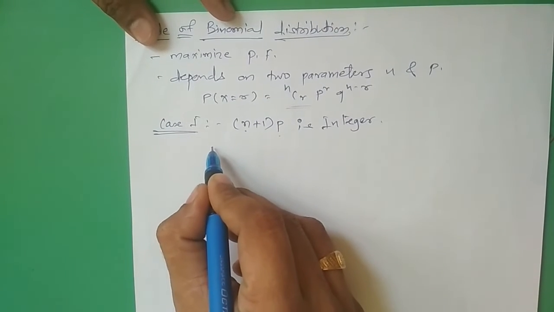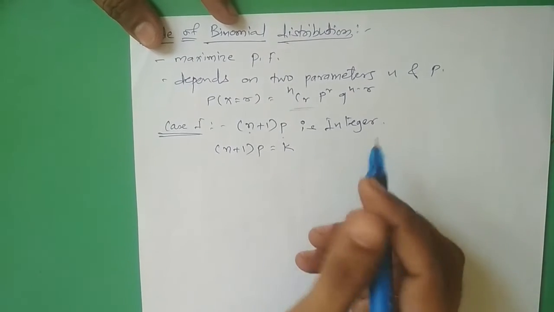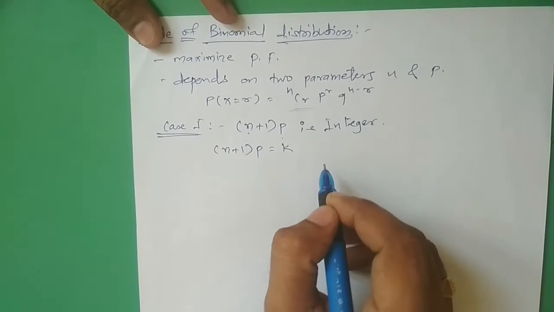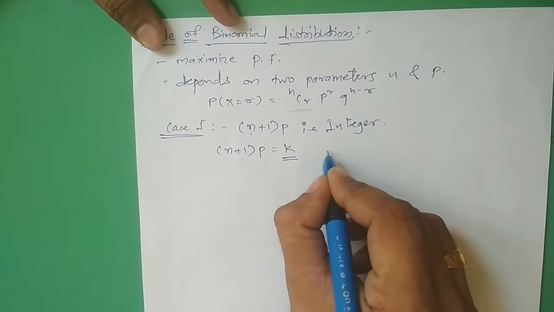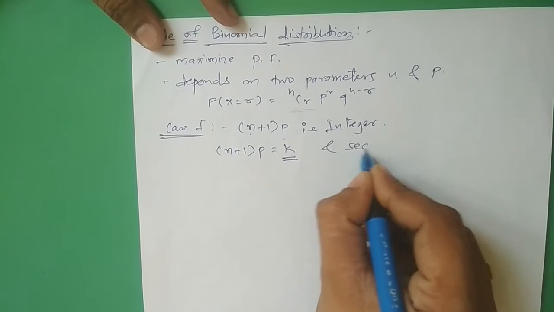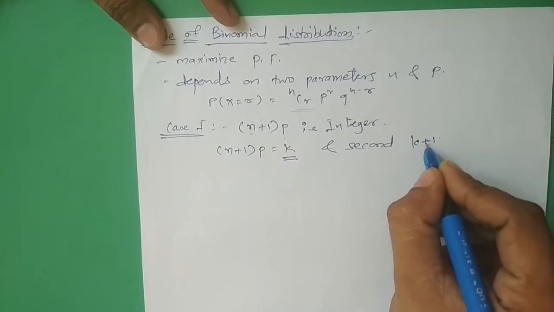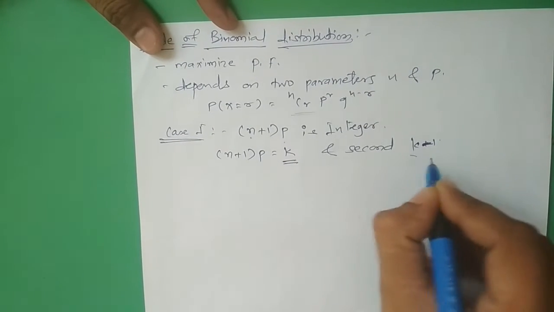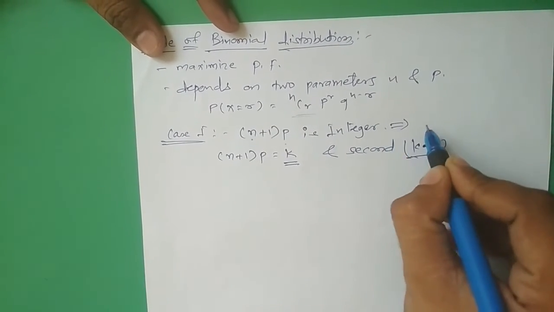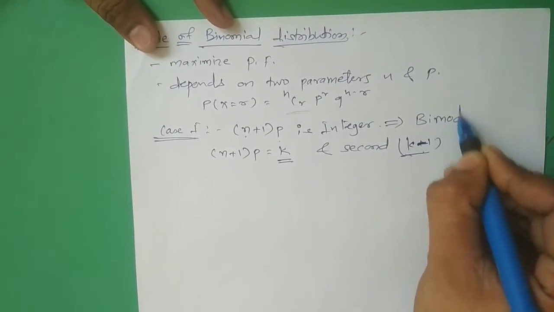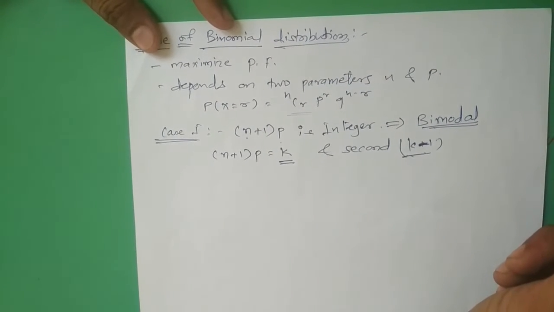Let's say that (n+1)p is equal to k. One is at the kth place and the second is at the (k-1) place. So we can say that these are always bimodal.